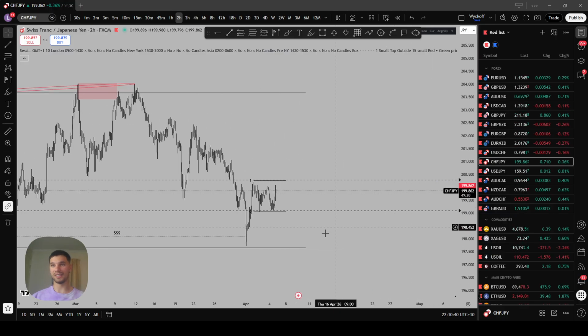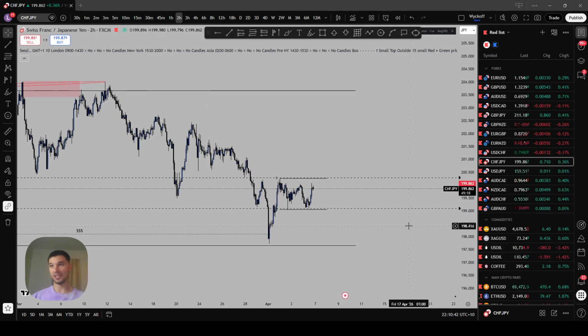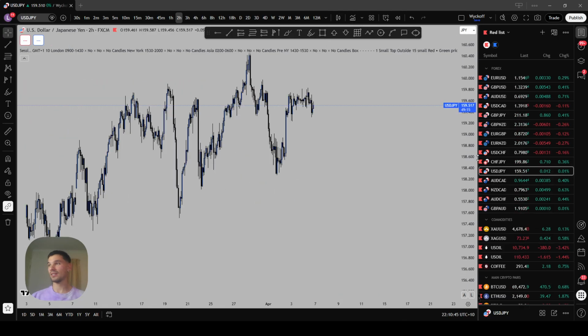This range here is still ranging, so we will leave that there.